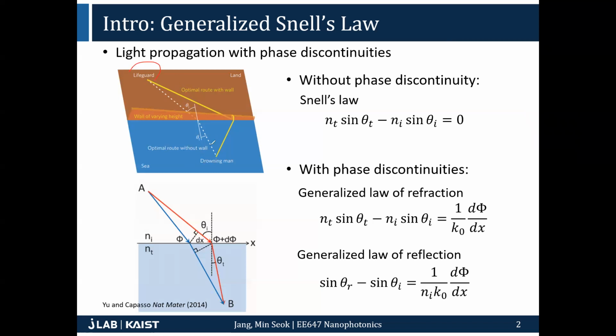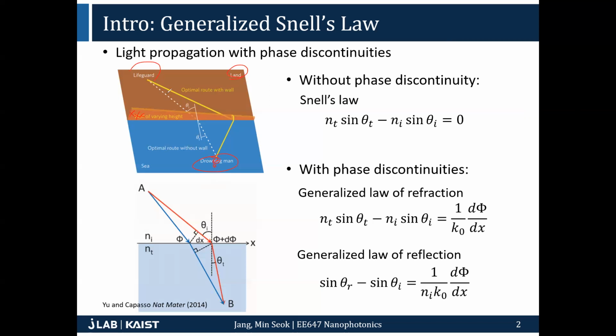And let's say this is land, and then this is water, sea, and then here's a drowning man. So the lifeguard wants to rescue this drowning man. And so the best way, except let's ignore the wall here. And then what he wants to do is to get to this point as soon as possible, right?